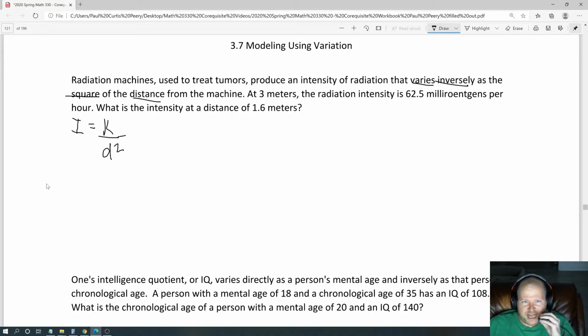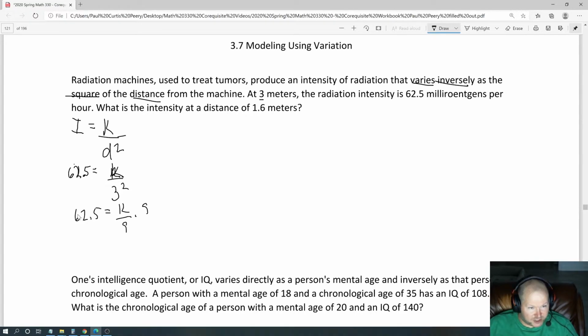Now, they say at 3 meters, so we have k, and then the distance, but now we have 3 squared. The radiation intensity is 62.5. So 62.5 is equal to k over 9.